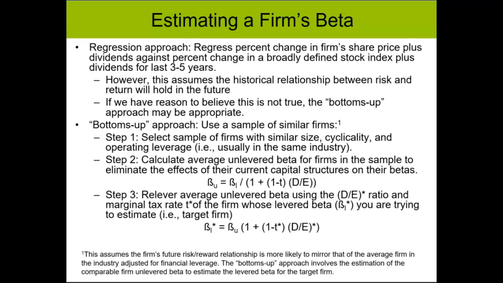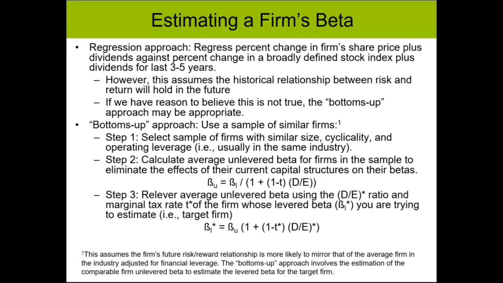The bottom-up approach suggests that the average firm in the industry, because it adjusts for financial leverage, better reflects the risk and return relationship of the firm whose future beta the analyst is estimating than its own historical risk-return relationship.